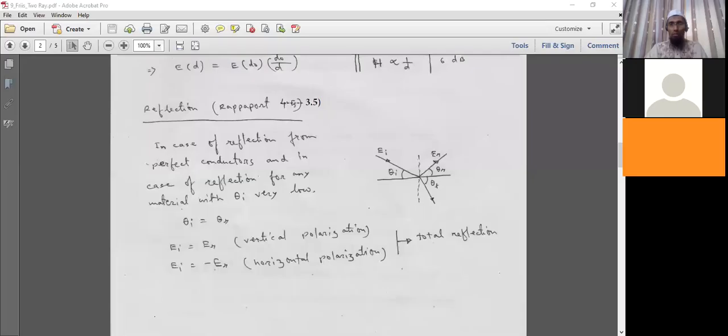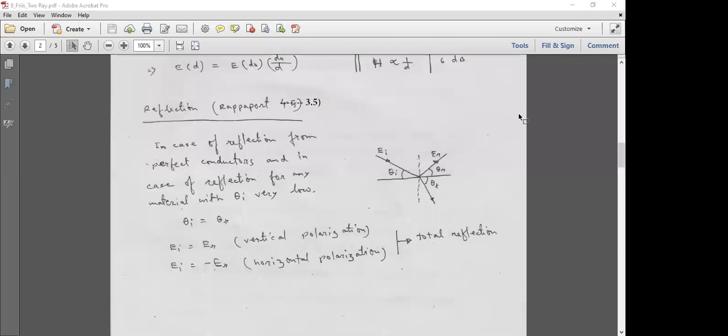A small thing, when you have a reflection, if the angle of incidence is very low, and the angle of incidence can be treated on this side.